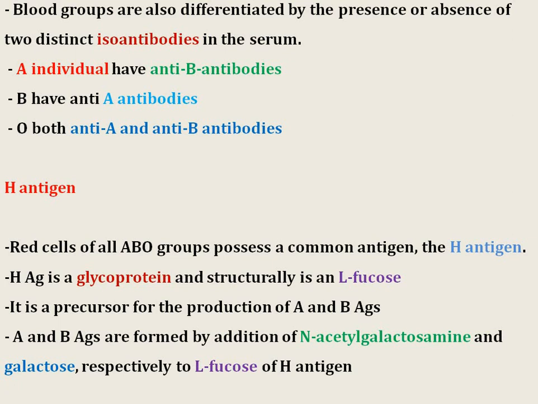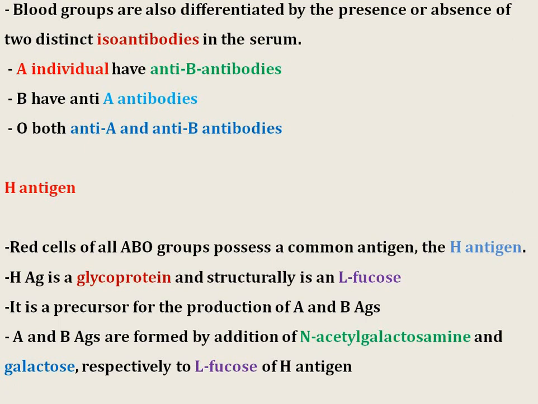Then H antigens. The red cells of all ABO groups possess a common antigen, the H antigen. H antigen is a glycoprotein and structurally is an L-fucose. It is a precursor for the production of A and B antigens.